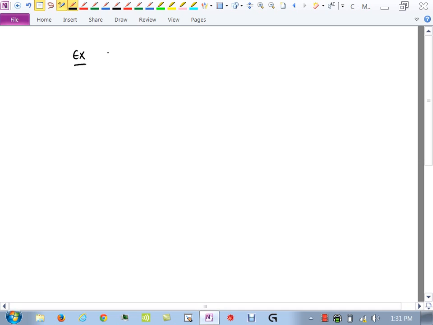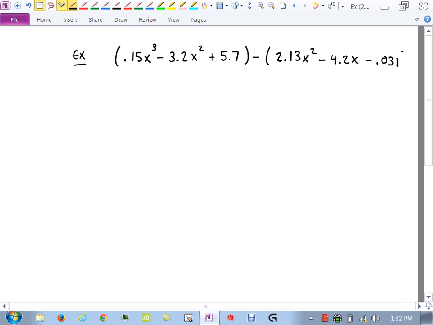Let's do one with decimals because I know you like decimals. 0.15x cubed minus 3.2x squared plus 5.7, minus 2.13x squared minus 4.2x minus 0.031.